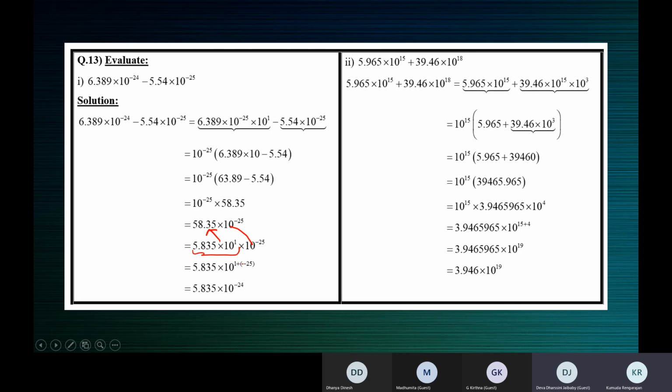See, 58 becomes 5.8, between 1 and 10. We have written 58.35 in the scientific form. That's how we get this one into 10 to the power minus 25 as it is.